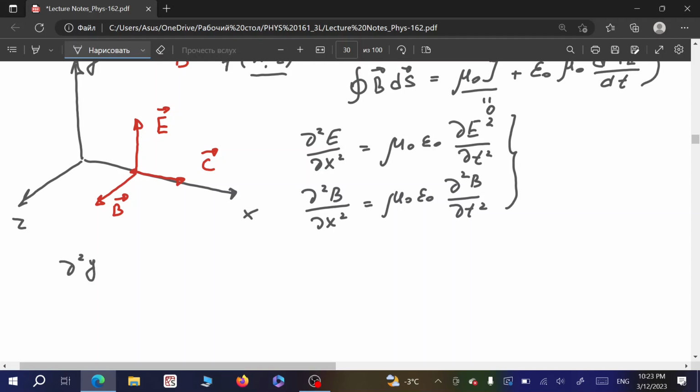The second partial derivative of y over dx square is equal to 1 over v square, where v is the speed of wave propagation, times the second partial derivative of y over dt square.